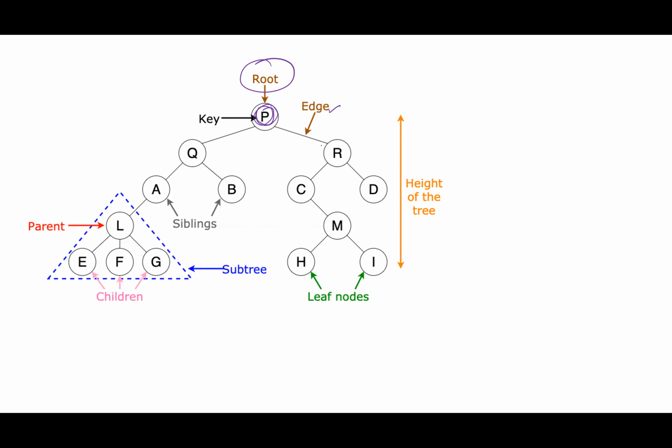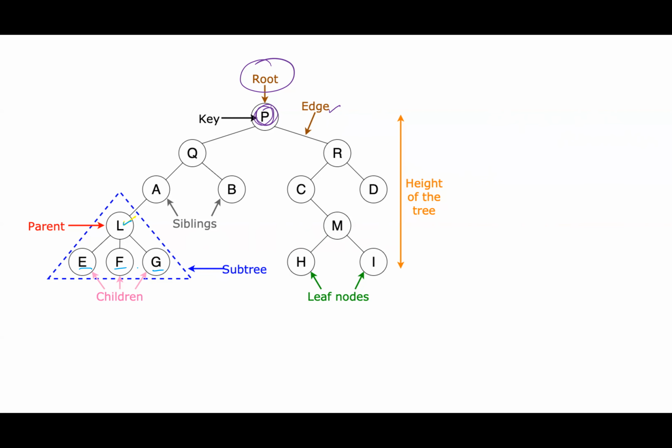Now we said that any node can have links to multiple other nodes. So suppose this node L has connections, or edges, to E, F, and G. In that case, we can say L has links to its children.